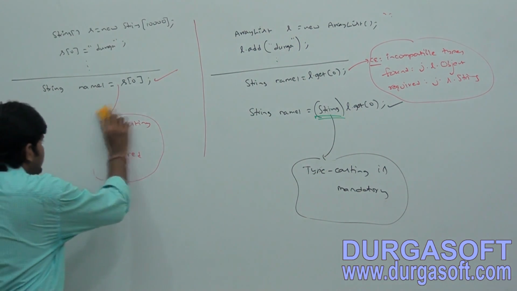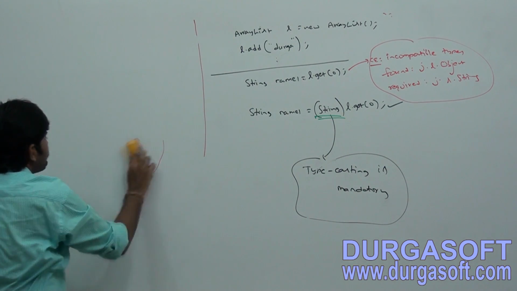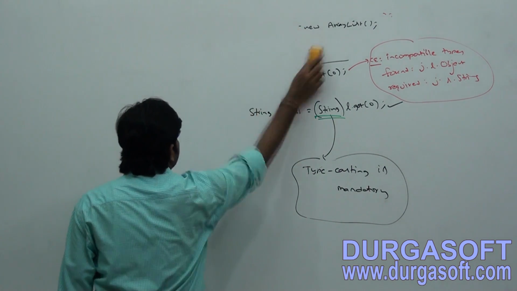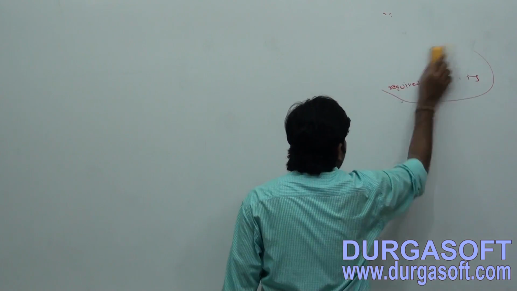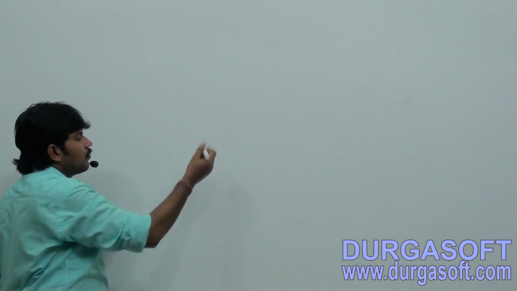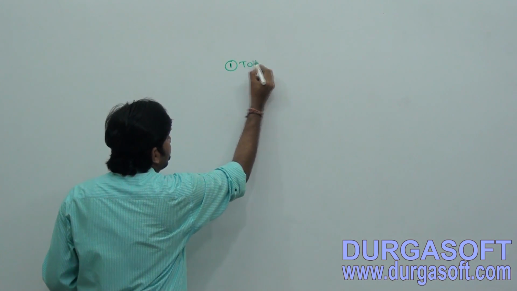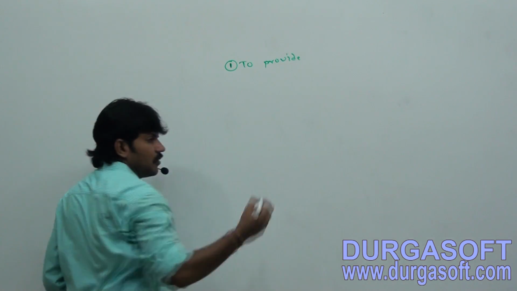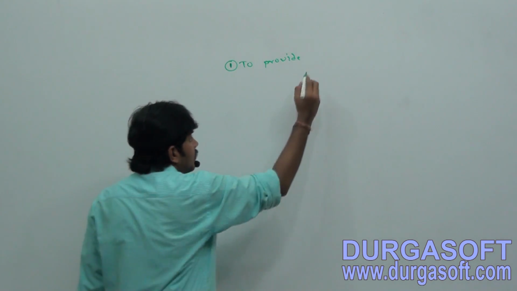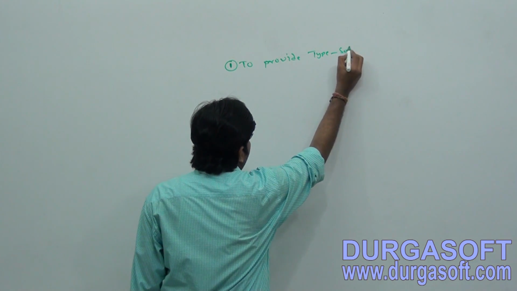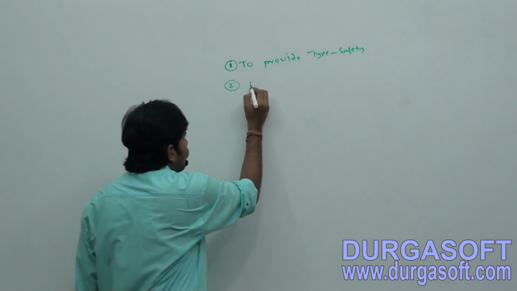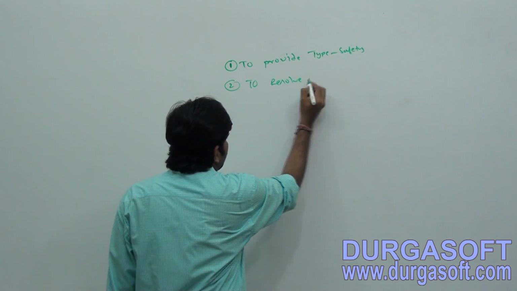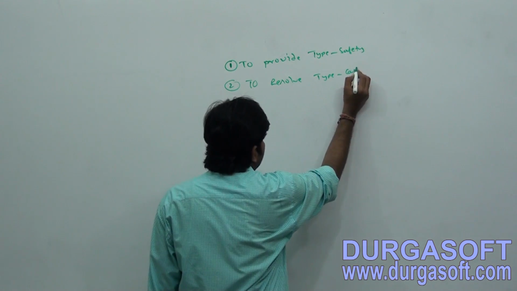Hence, the main objectives of generics are: first, to provide type safety; second, to resolve typecasting problems.